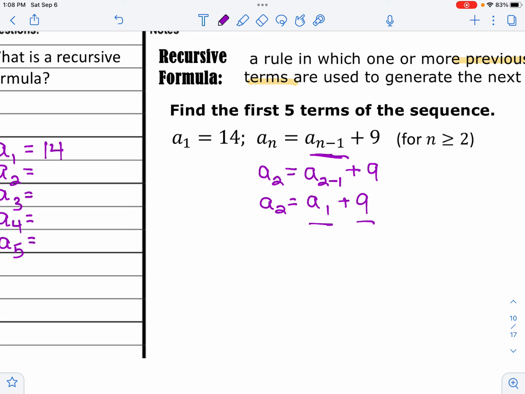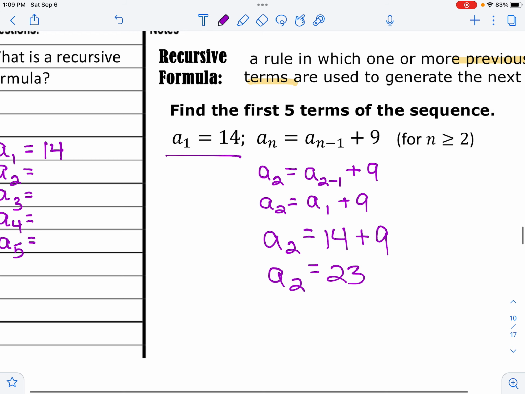So the previous term to a sub 2 is a sub 1. And I know what a sub 1 is, it's 14. So a sub 2 is 14 plus 9. Okay. So that means this has to be 23.